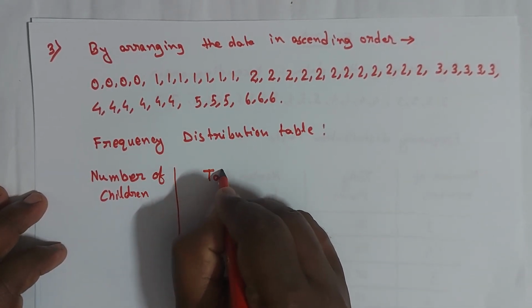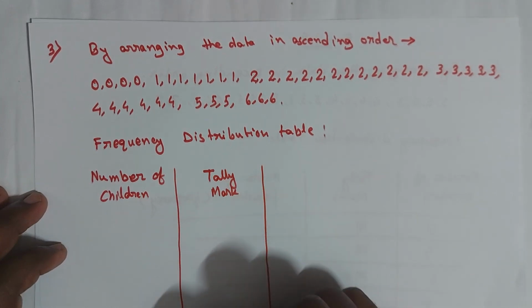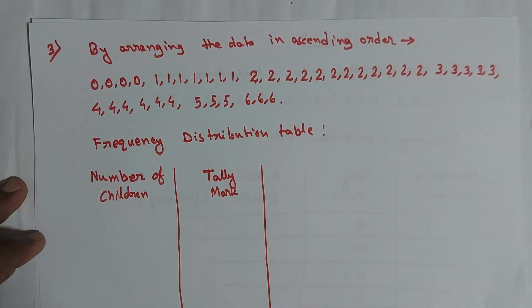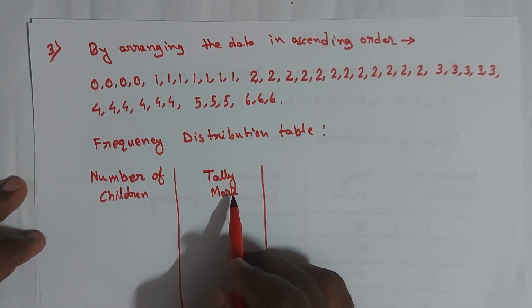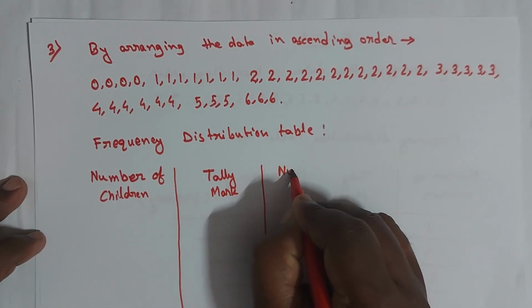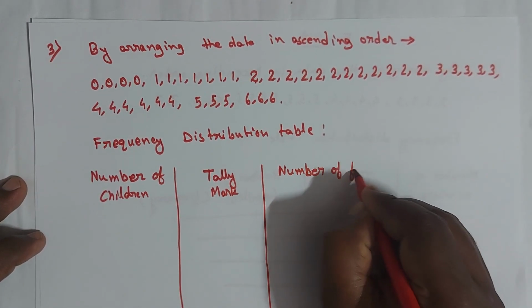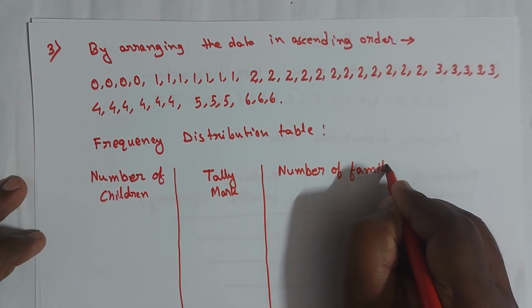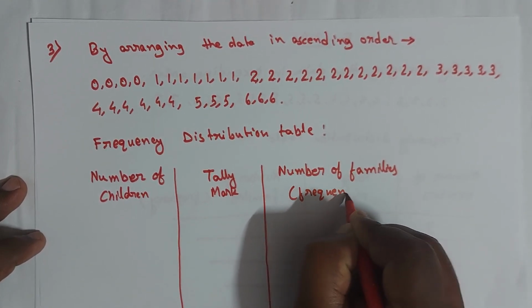In the first column we will write number of children. In the second column tally mark. In the third column number of families. Okay. That is our frequency.